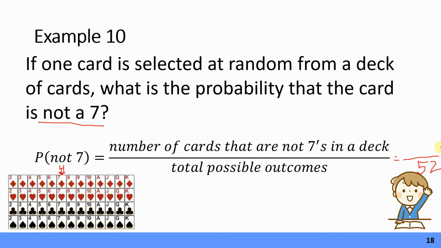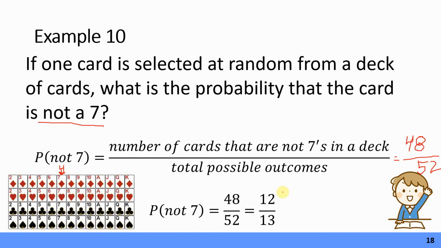Hopefully you notice that that is 48, right? If you have 52 cards and 4 of them are 7s, subtract the 4, and that tells you that the 48 cards remaining are not 7s. So that's all you have to do. Of course, you do have to simplify. So 48 over 52 simplifies to 12 over 13.